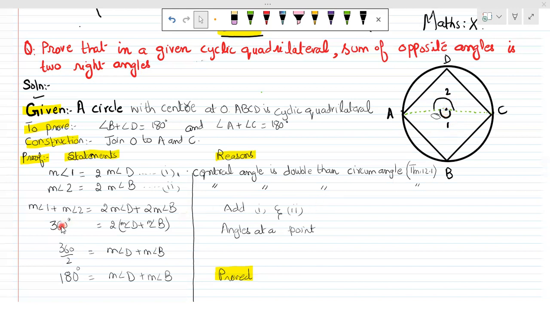So it is 360 degrees, and here 2 is common, and we are getting B plus D inside, and when 2 is shifted over here it becomes 180. So the sum of B and D has become 180, which is two right angles. And similarly we can prove for the other two angles.